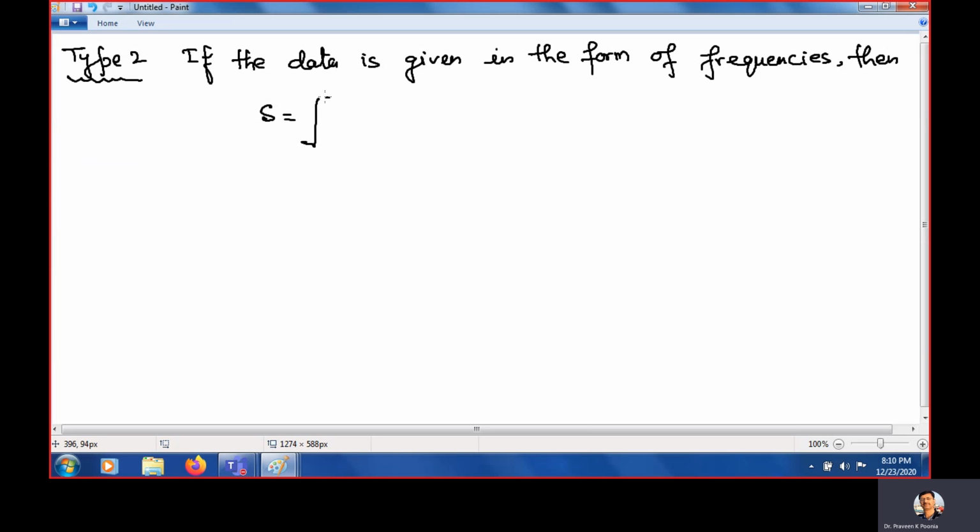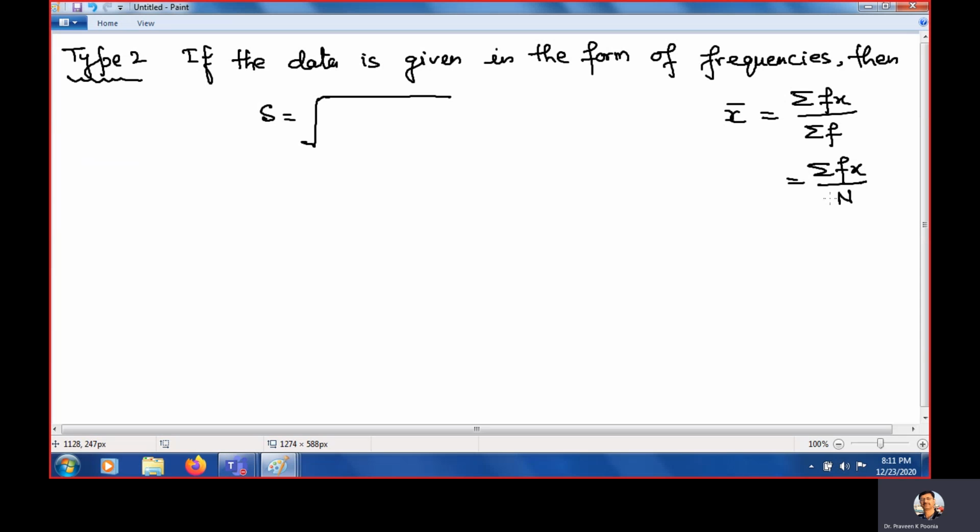It is the same only. If you remember, in case of mean what was the formula? If frequencies are given, x bar is equal to sigma f into x upon how much? It was sigma f, or we denote it sigma fx upon capital N. This is the sum of the frequencies.